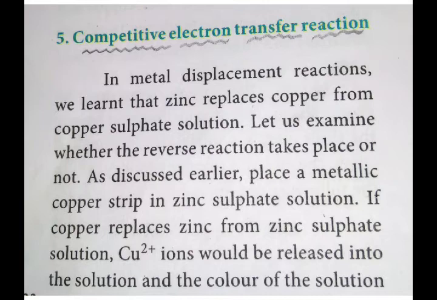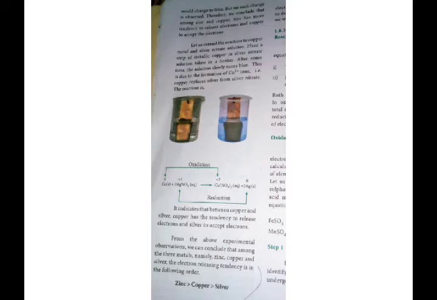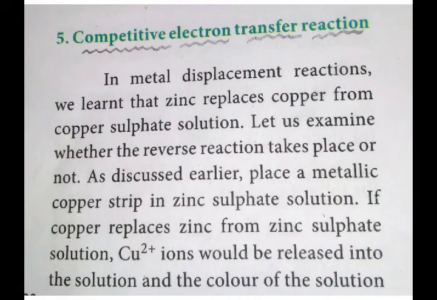Students, competitive electron transfer reaction. In the metal displacement reaction we studied, zinc displaces copper from copper sulfate solution. Now, we are inserting a copper strip in zinc sulfate, as in this picture. That reaction is different.